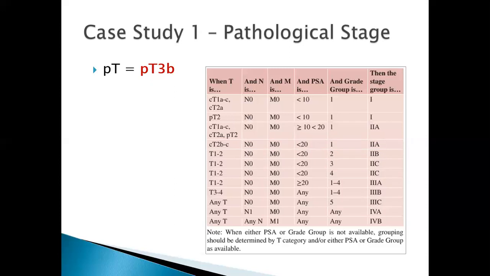Then there were 8 lymph nodes that were removed, but they were negative. So pN0 because they removed lymph nodes. And then cM0, all right, because the patient does not have distant metastatic disease. Okay, remember you cannot assign a pM0. There is no such thing as a pM0.